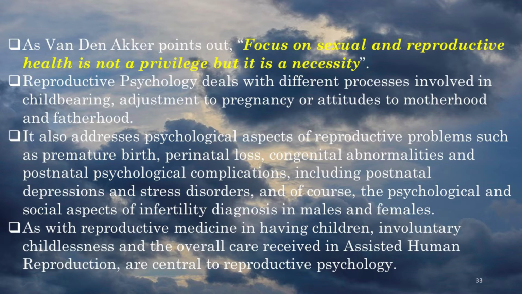It also addresses psychological aspects of reproductive problems such as premature birth, prenatal loss, congenital abnormalities, and postnatal psychological complications, including postnatal depression and stress disorder, and of course, the psychological and social aspects of infertility diagnosis in males and females.